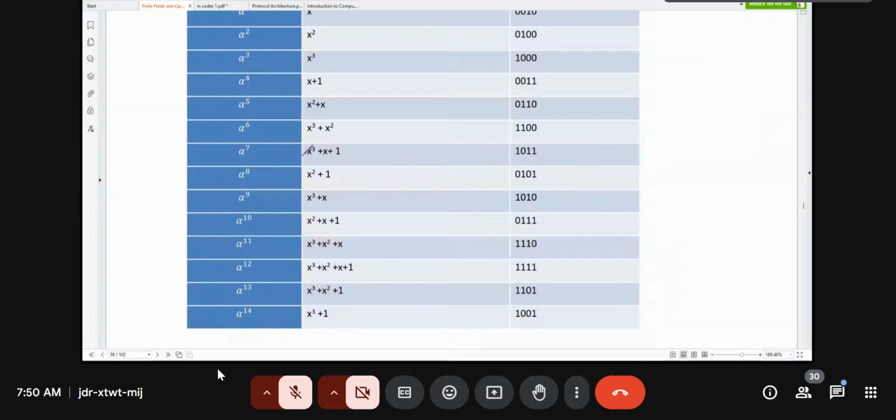But when we are trying to work out the alpha, we don't replace x with alpha. That's why you're seeing we are talking of alpha to the 7 being alpha to the 3 plus alpha plus 1. I think that's where the concept can appear a bit more abstract.